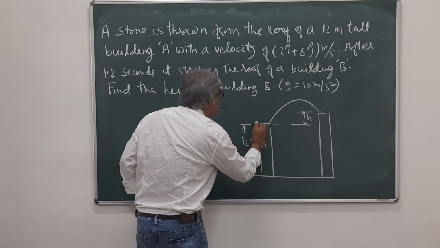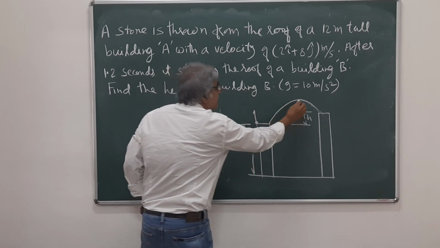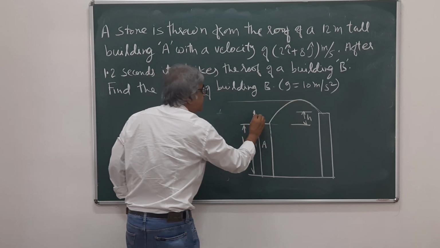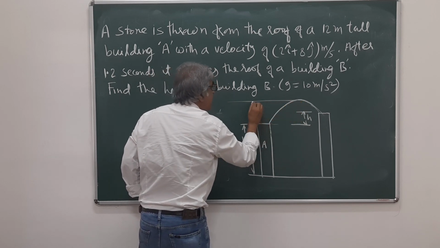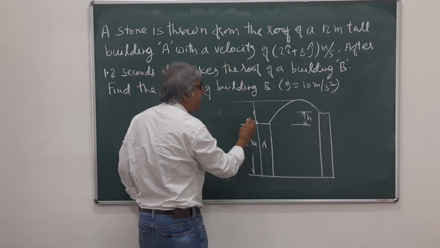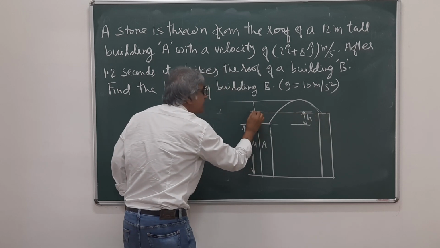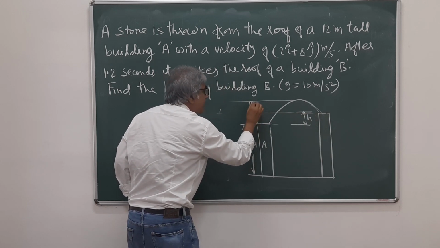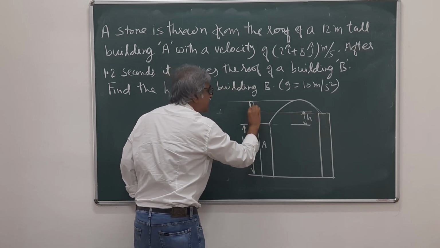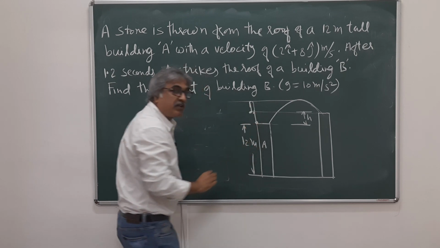This stone will reach the same height and it will come down along the same line, and after 1.2 seconds it will be somewhere here. So it's going to reach here after 1.2 seconds.